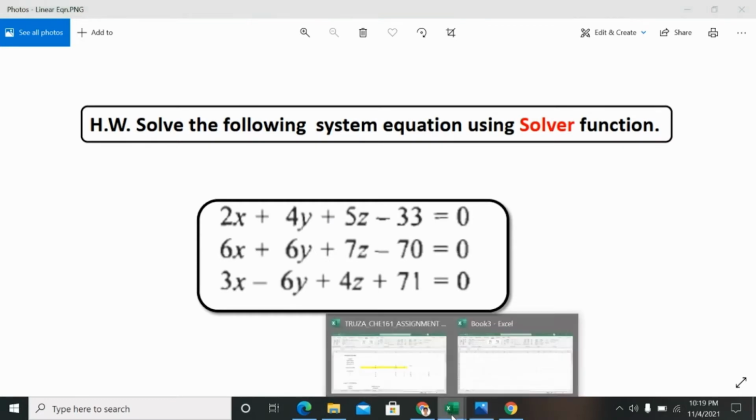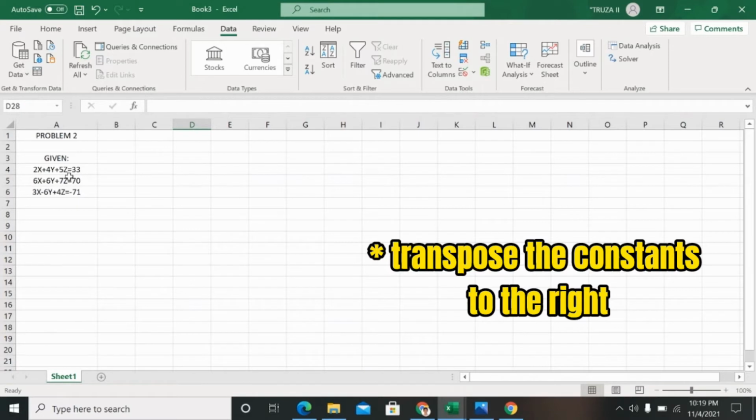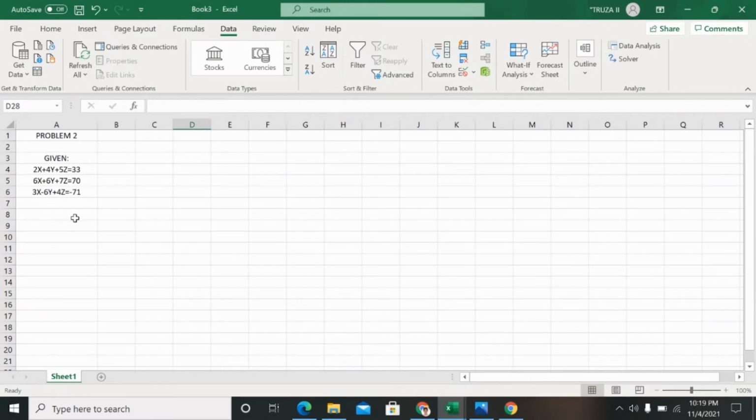To solve this using Excel, I already put the given equations here, and I transposed the 33, the 70 and the 71 to the right side, and we come up with this.